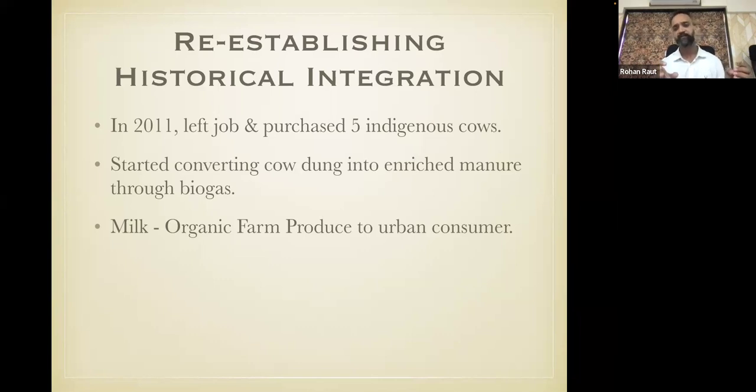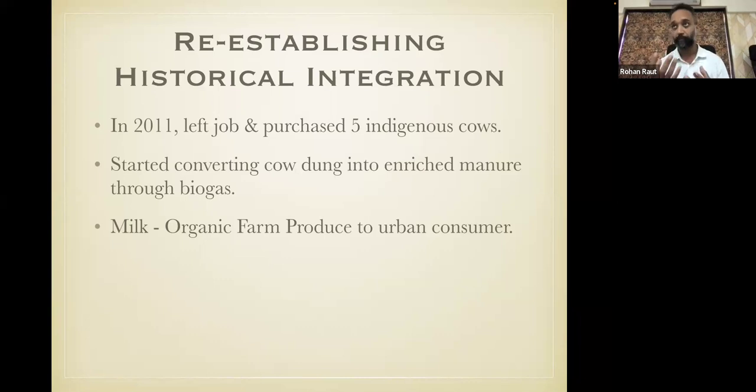So I started after thinking about all these things. I ended up taking the decision of leaving my job, and I started a milk business. I purchased 5 indigenous cows from Sikar, in Rajasthan, 100 kilometers from Jaipur.